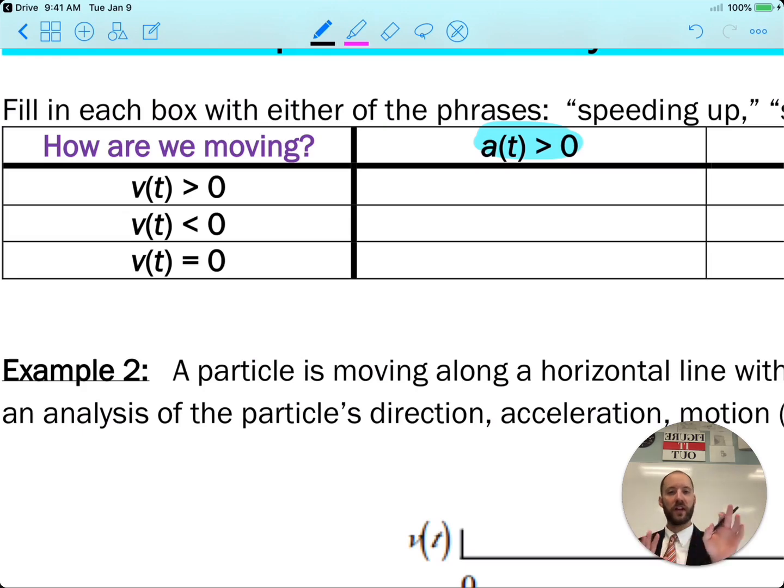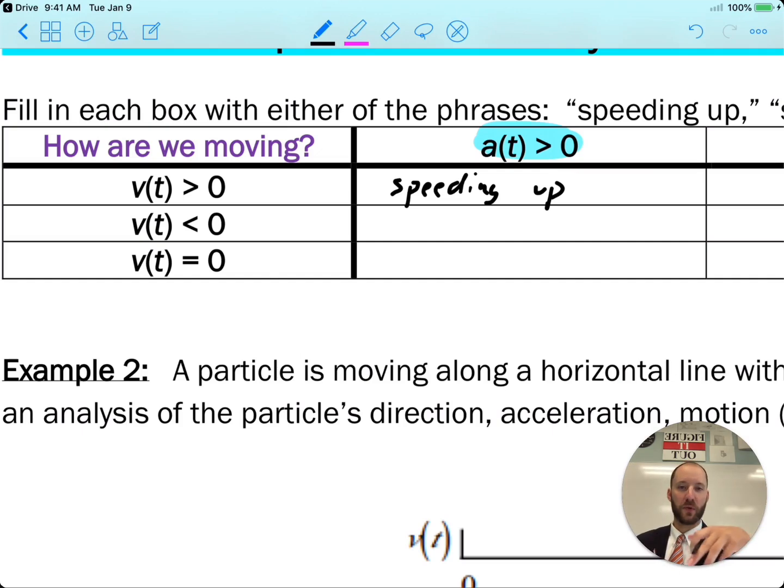So you're moving right, you're being pushed to the right. Overall, you are speeding up. Okay, you're walking forward, someone pushes you from behind. Now you're moving forward faster, maybe fast enough that you fall down.